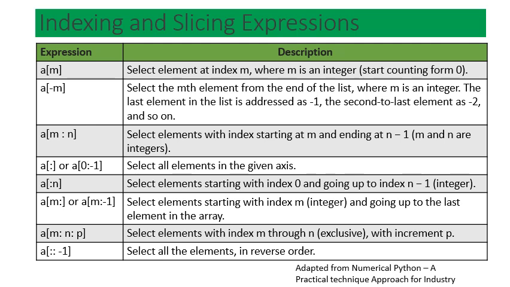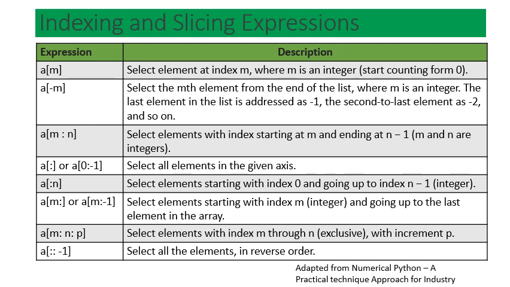For indexing and slicing expressions, you can put a bracket of m, which means it selects the element at the index m, where m is an integer counting from 0. A bracket of minus m selects the m-th element from the end of the list, so you count backward, where m is an integer and the last element in the list is addressed as minus 1, the second to last element as minus 2, and so on.